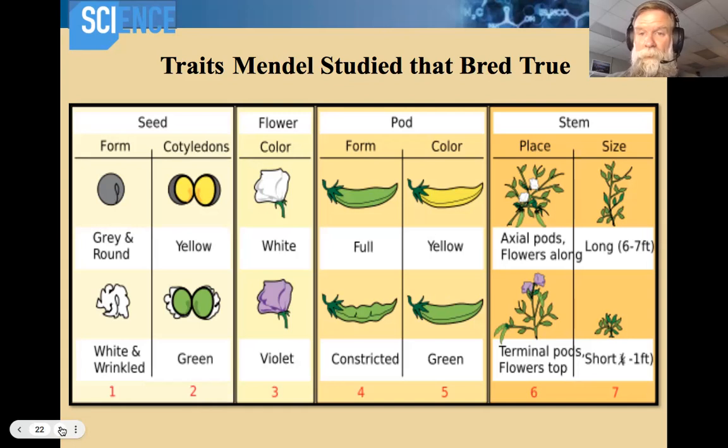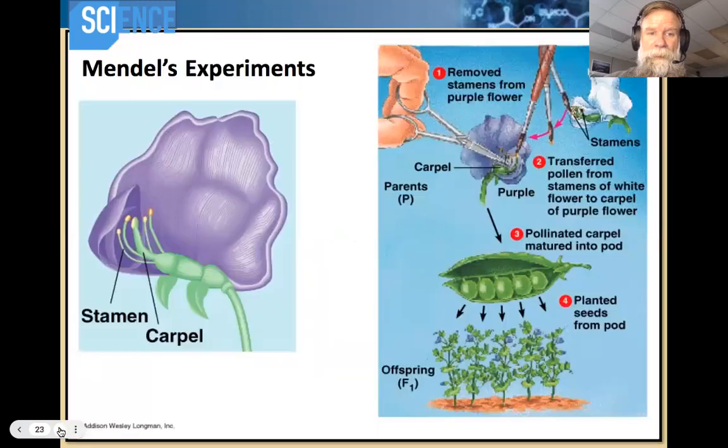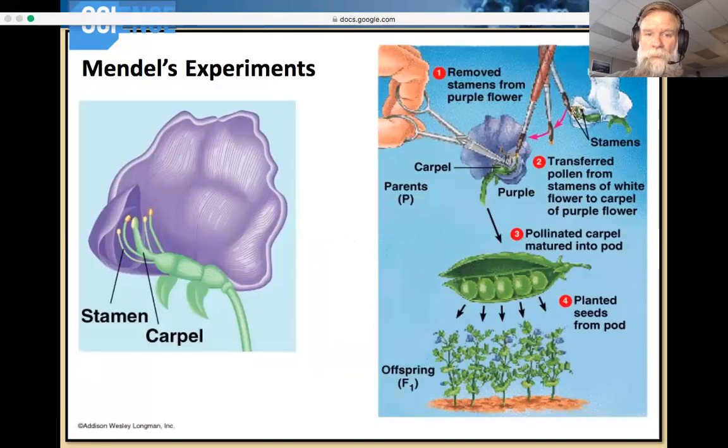They produce sperm, and that sperm is held within pollen. Flowering plants, and also some non-flowering plants, angiosperms and gymnosperms, produce pollen. And this pollen is the male reproductive structure that has sperm cells inside of it. And a lot of times it's just blowing in the wind. How do you control and make sure you know who the parent is and who the offspring are?